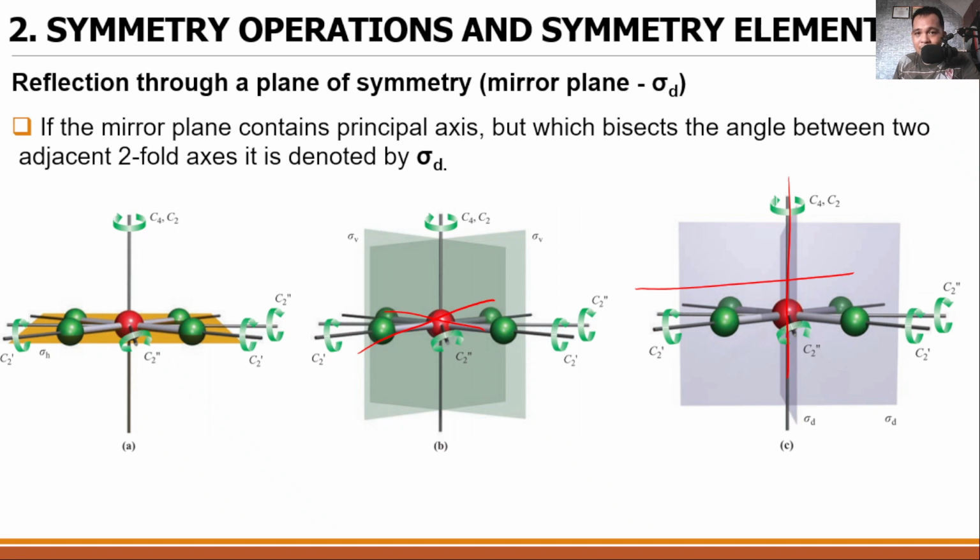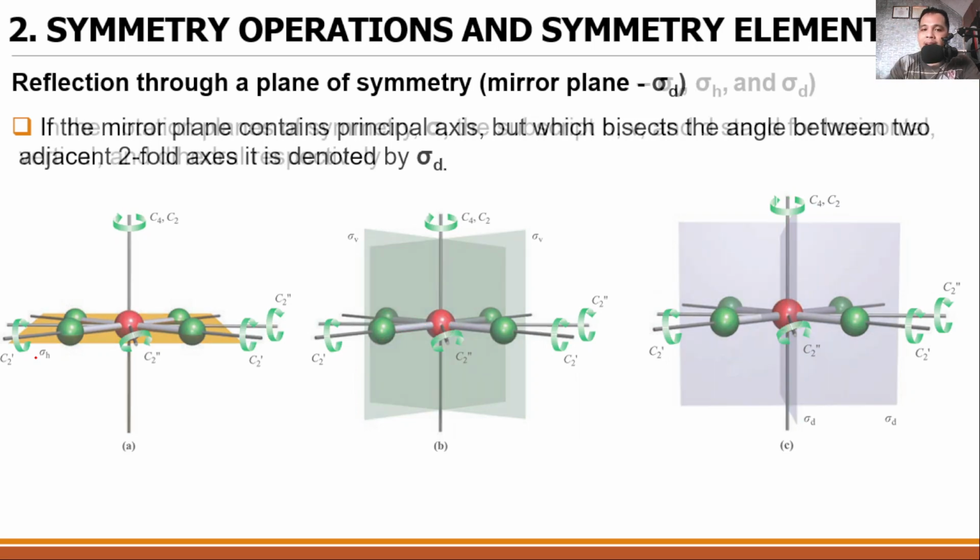For example, this one is sigma V. There are two sigma V here on the trigonal planar. And then, sigma D is in the middle. I hope you get it, because it is hard to illustrate using just improvised materials. But I hope your professor will explain it further to you. So, that's the concept I'm trying to convey.